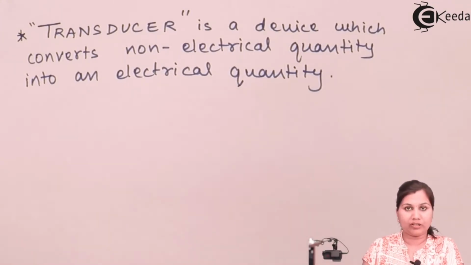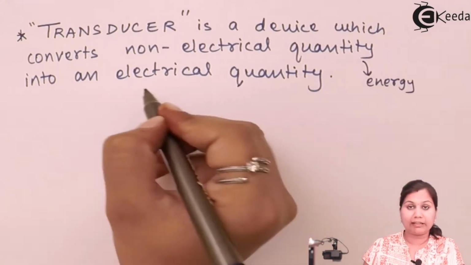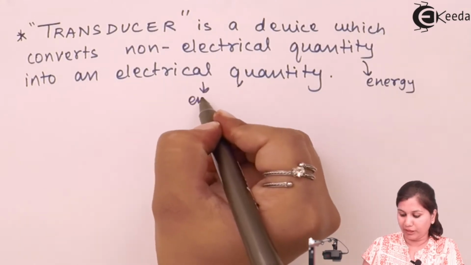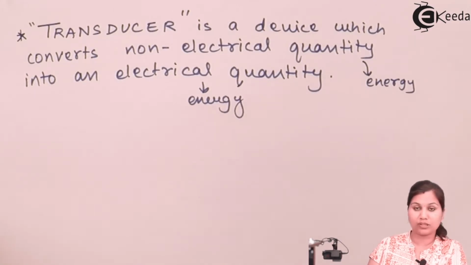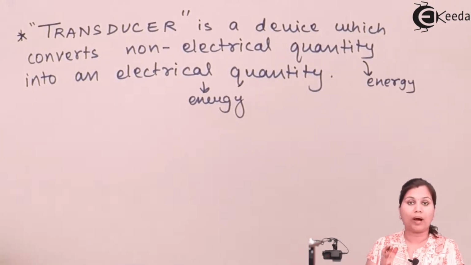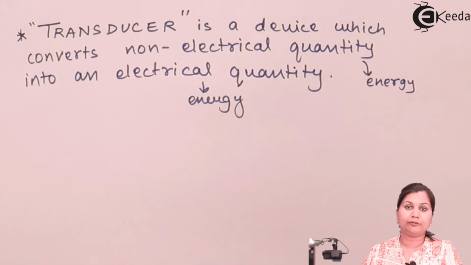A non-electrical quantity is also some form of energy, and an electrical quantity is also a form of energy, that is electrical energy. So we can also define the transducer as a device which converts one form of energy into another form, or one form of information into another form. Like mechanical energy can be converted into electrical energy, and then into optical energy. In this way, one form of energy is converted into another form by the transducers.